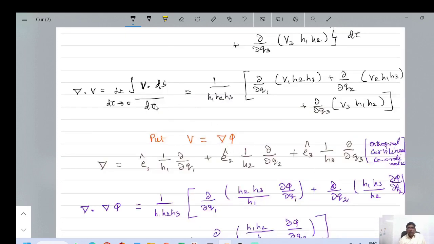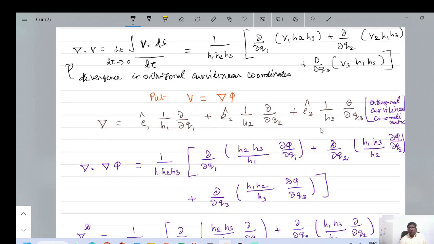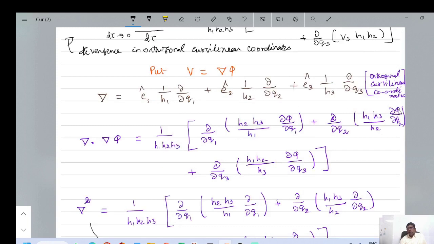This is the divergence in orthogonal curvilinear coordinates. This is the gradient in orthogonal coordinates.